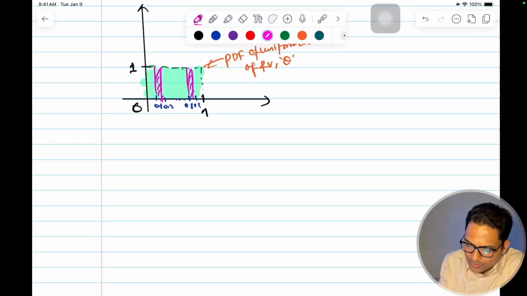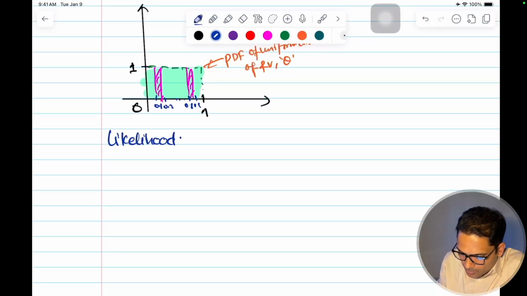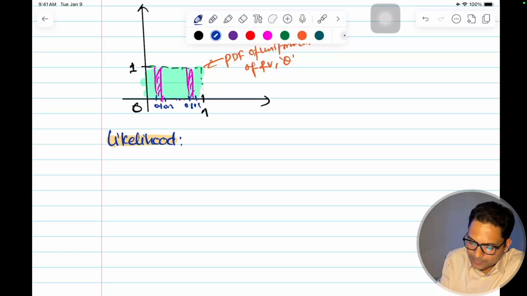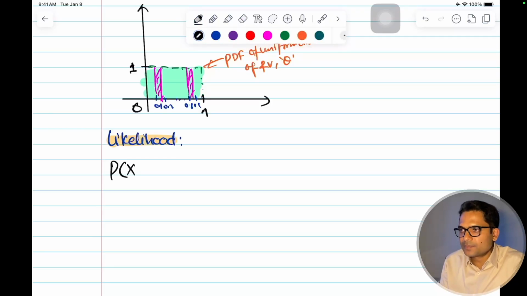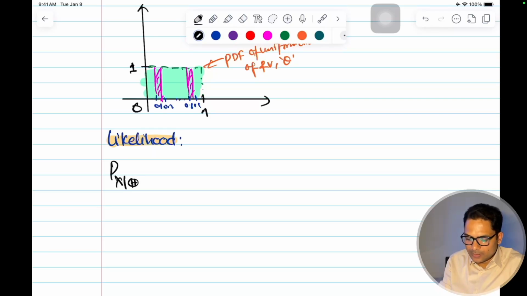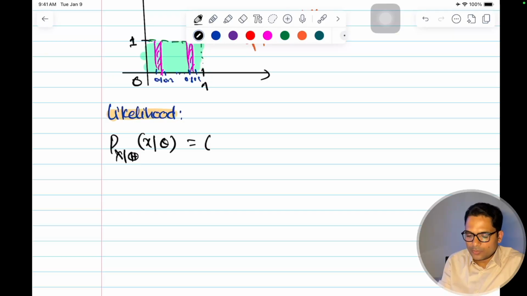Okay, what is my likelihood? My likelihood is P of x given theta, which for Bernoulli we know is theta to the power n1, times 1 minus theta to the power n minus n1.